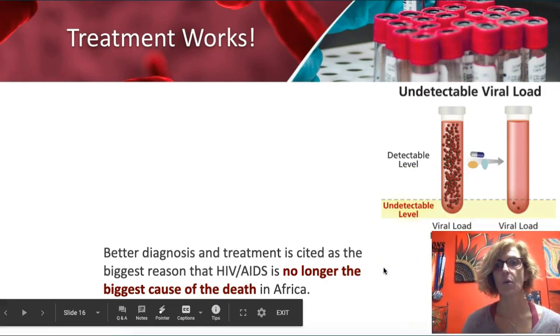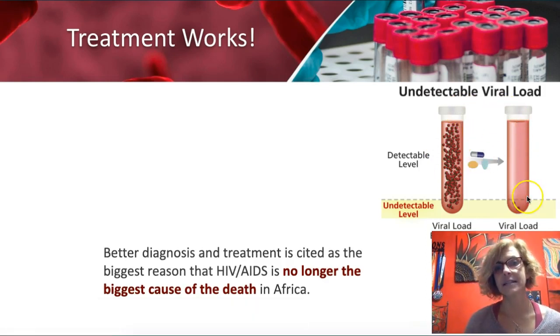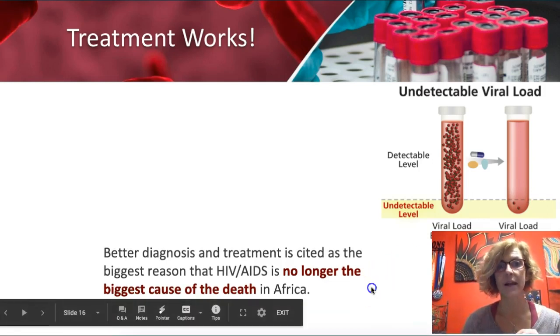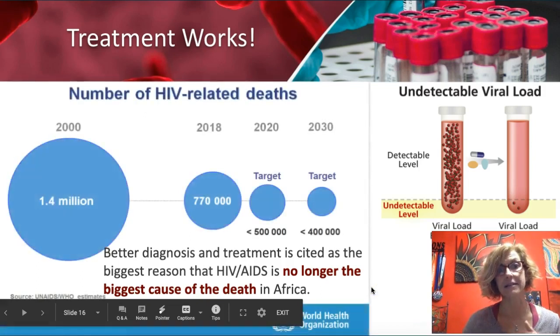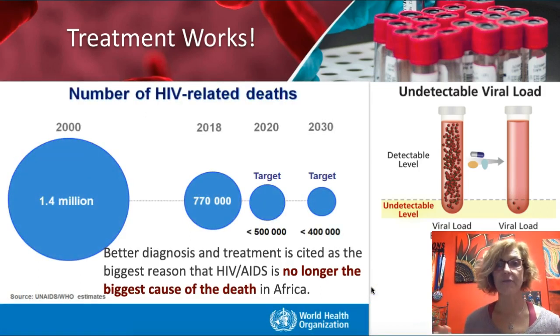The treatments work. Here is showing you the detectable load, and then with medication, the undetectable load. If your viral load is undetectable, you cannot pass it on to someone else, or the chance of you passing it on to someone else is much, much lower. And what do we have because of these wonderful drugs? Back in 2000, we had 1.4 million deaths in that year.